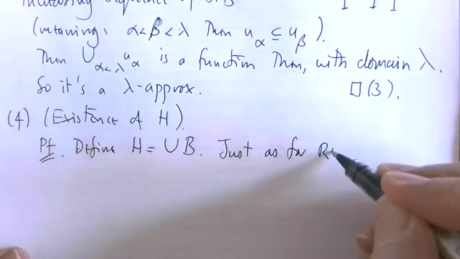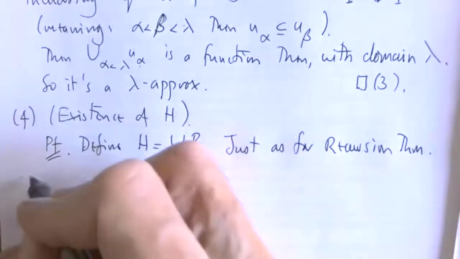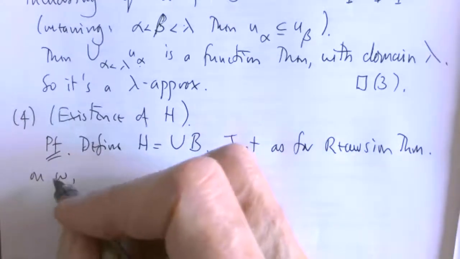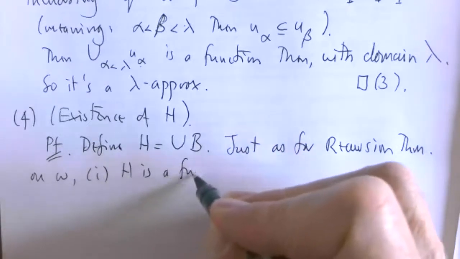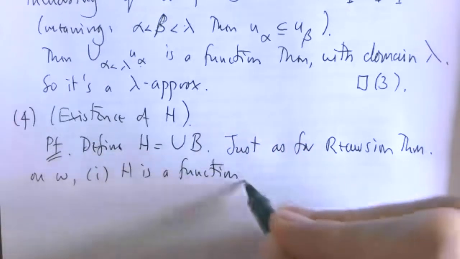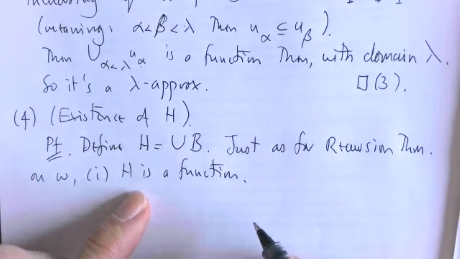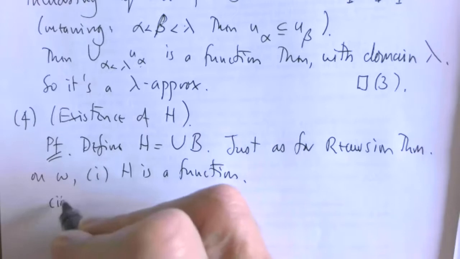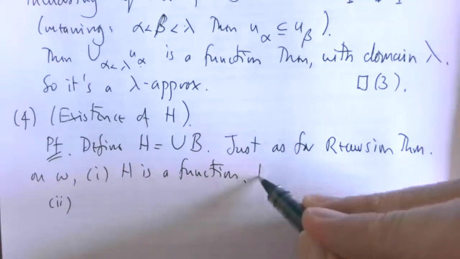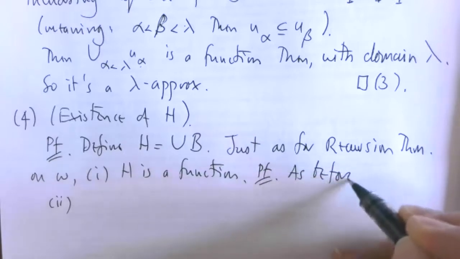So just as we showed for the recursion theorem on omega, first of all, H is a function, basically because it's put together from functions which all agree with each other. And so I'll say no more about that. As before.